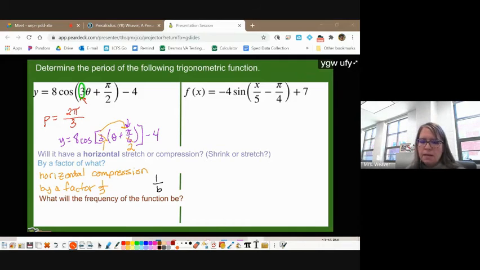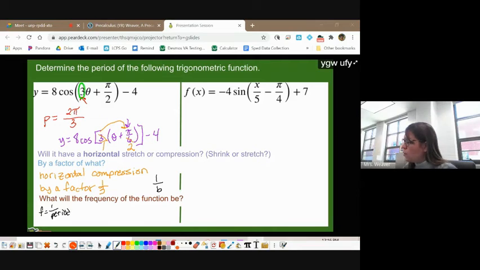Because we're going to do a little mind bending as we answer the next part about frequency. Okay, so what will the frequency be? Remember, frequency tells us how many cycles we complete in a given unit of time. The frequency is always 1 over the period.